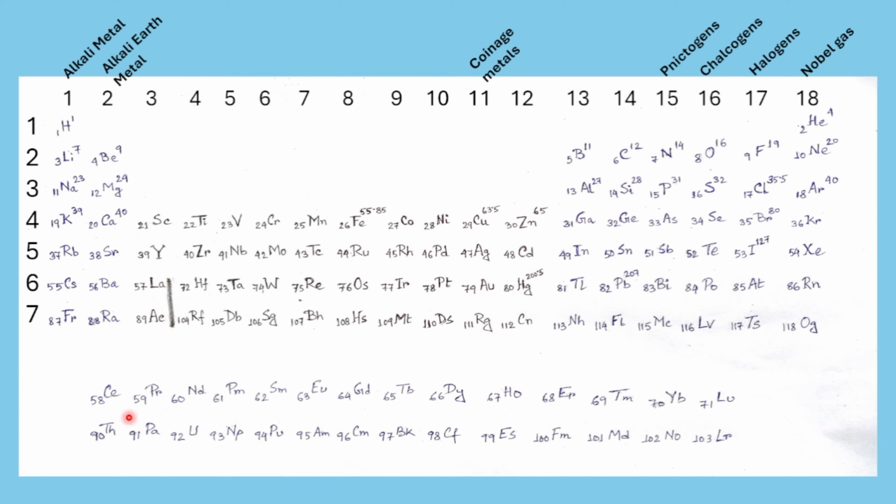Now when I used to practice remembering this periodic table, I used to write all these elements with their atomic number, and some of the atomic weights I used to remember. For example, from hydrogen to calcium, I used to remember both the atomic number and atomic weight.